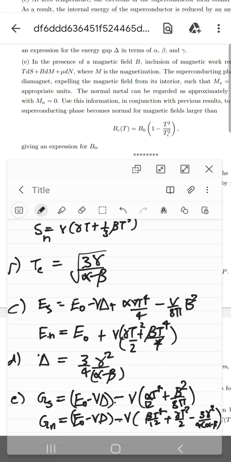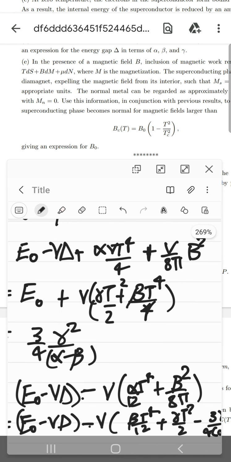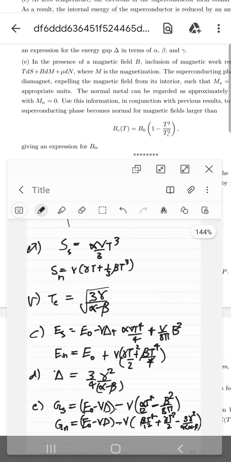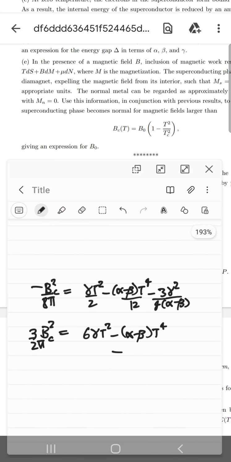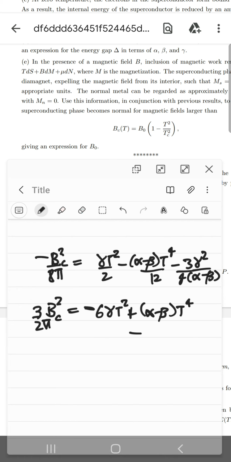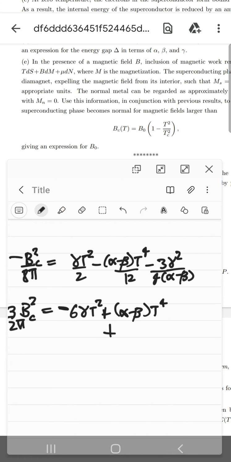Energy of the superconducting phase is just... Hey, why is this negative? It should be positive, sorry for that. So you have a negative involved in there. Amazing. So when you convert this, it should be positive there. Now it makes sense, right?